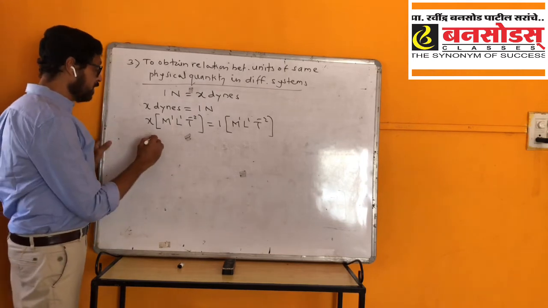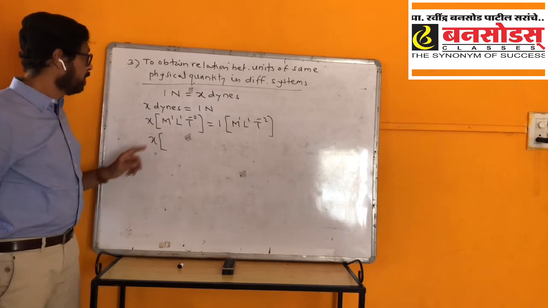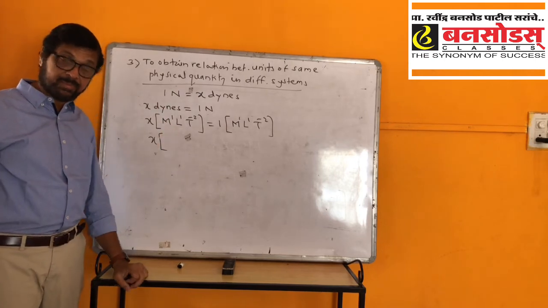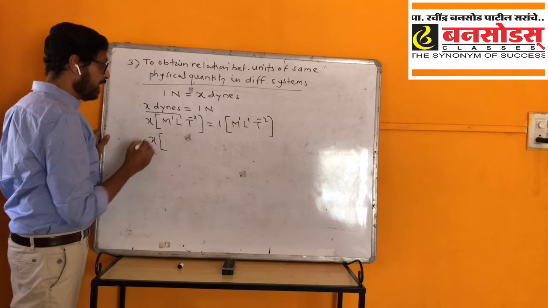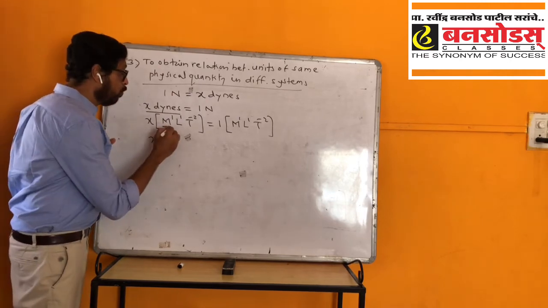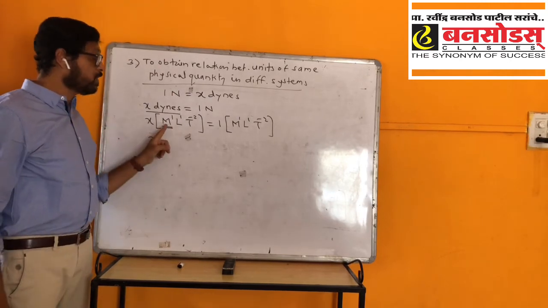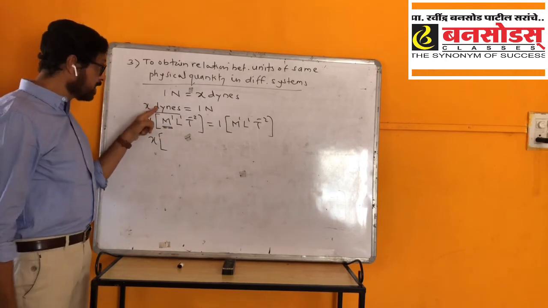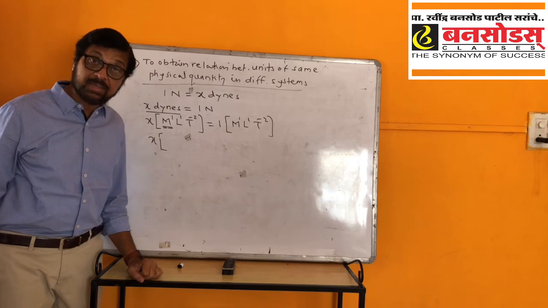So x into bracket. Which system is this? CGS system. And in the CGS system, what is the unit of mass? M means unit of mass. Gram.